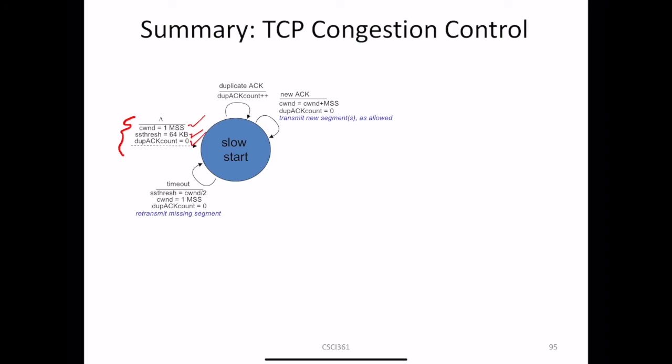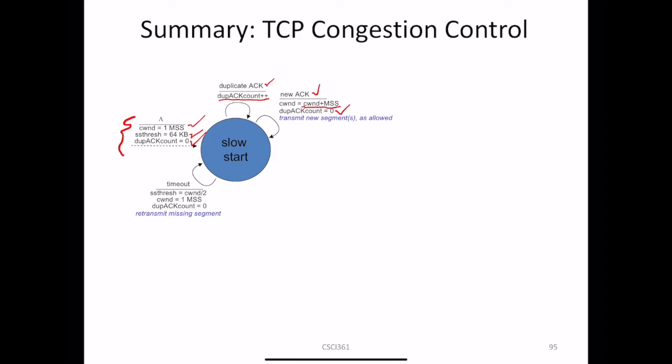And here there are multiple possibilities. The first one, let's see this one. When the duplicate ACK event happens, it just increases the duplicate ACK count by 1. If a new ACK is received, or a new ACK event is triggered, then for each new ACK, the congestion window will be increased by 1 MSS, and the duplicate count will be reset to 0.